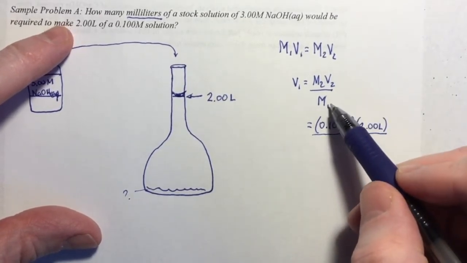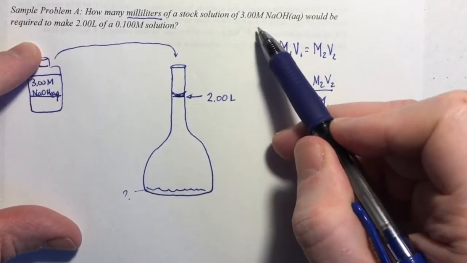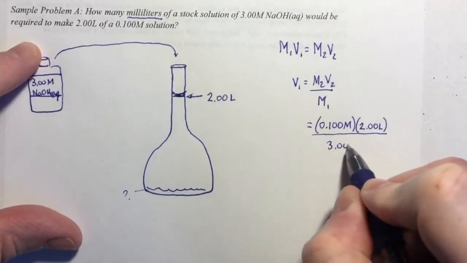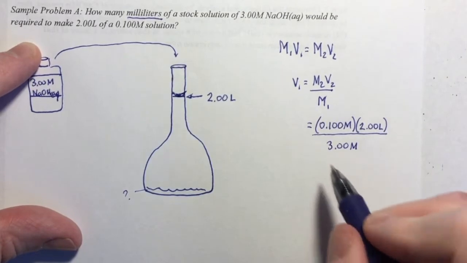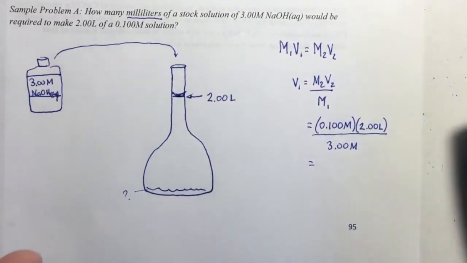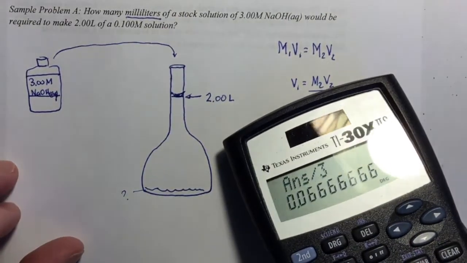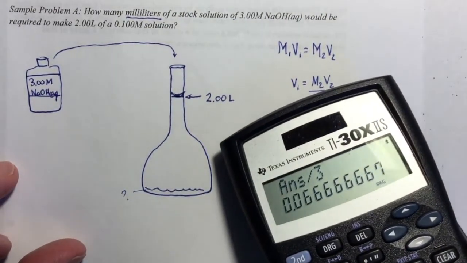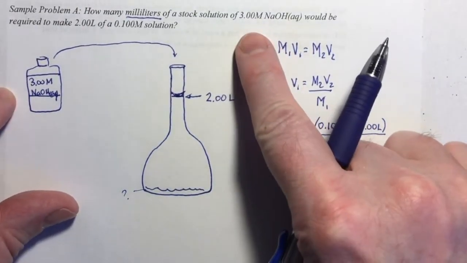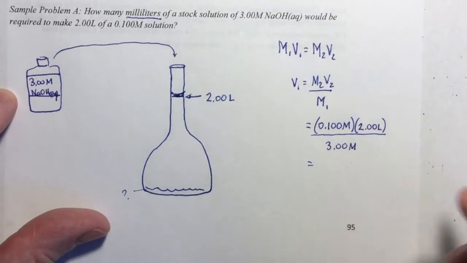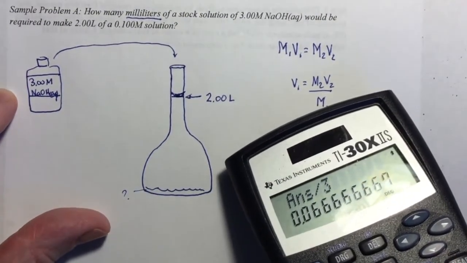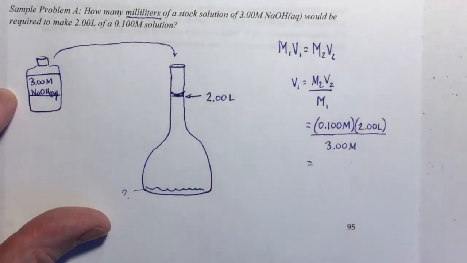And my M1, my initial molarity, is going to be the molarity of the stock solution right there, 3.00 molar. Now I do the math, and I get 0.0666 repeating. And I need how many sig figs? Well, there's 3 sig figs there, 3 there, 3 there. So I'm going to round it to 3 sig figs. That would be 0.0667.